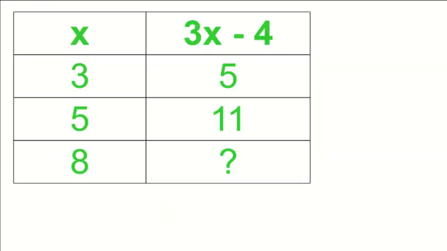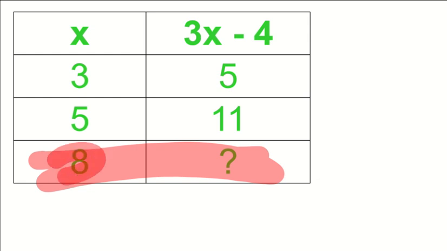All right, find the missing value for our table there. Robert, what you got? 20 is correct. So, whatever we're looking for, wherever that question mark or blank space might be, you take the x value that goes with it.